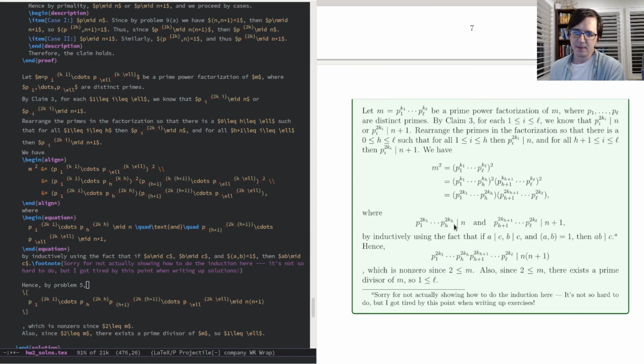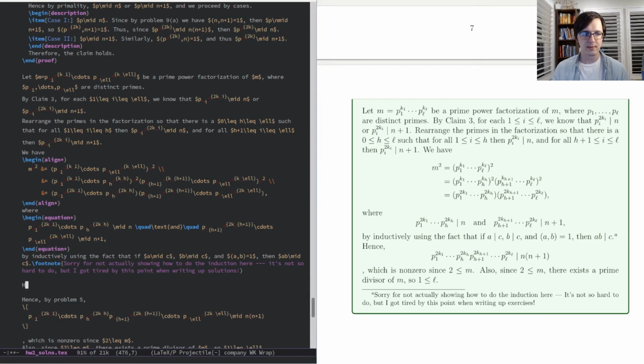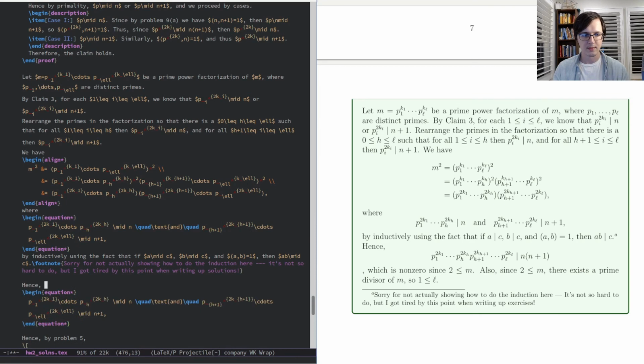So maybe the way forward is to use inequalities. It's because everything's positive here, so we can turn those into less than or equal to.